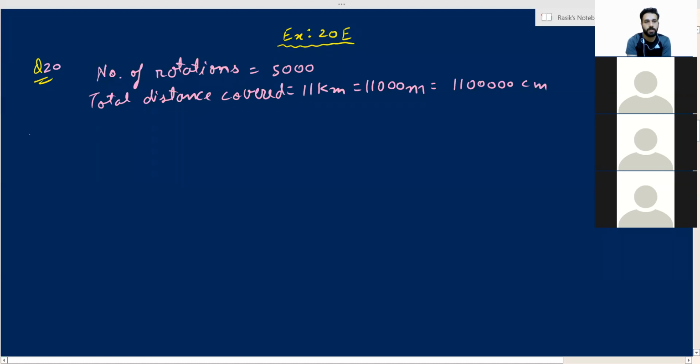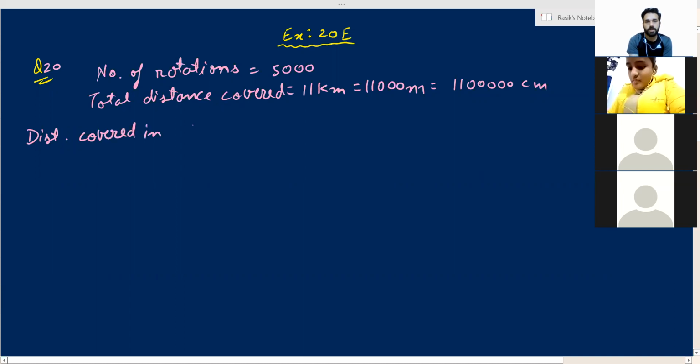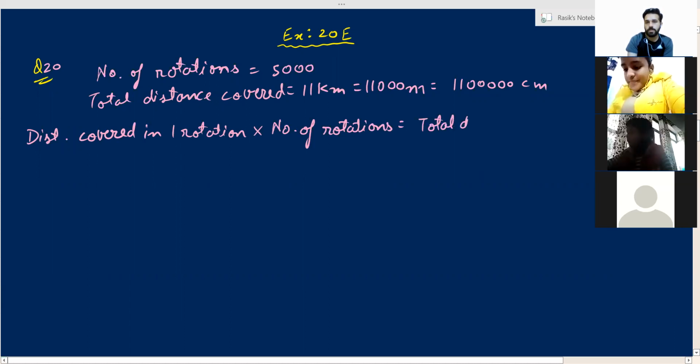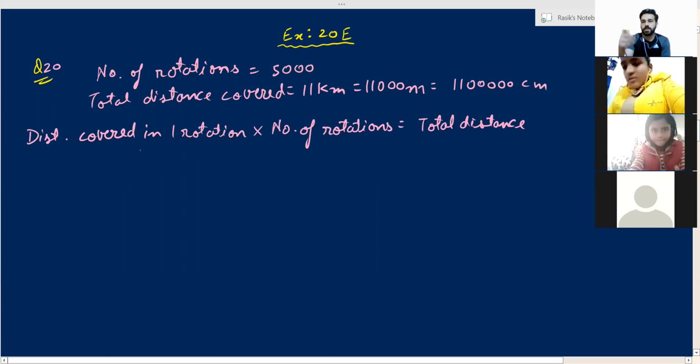Again, we will use the same formula: distance covered in one rotation of the wheel multiplied by the number of rotations equals the total distance covered. So what is the distance covered in one rotation? It is equal to the circumference.